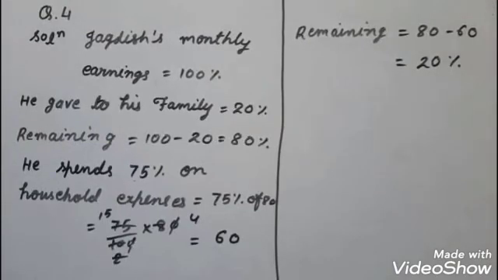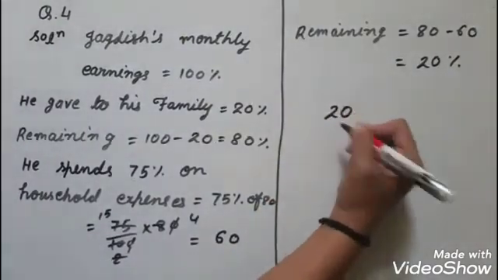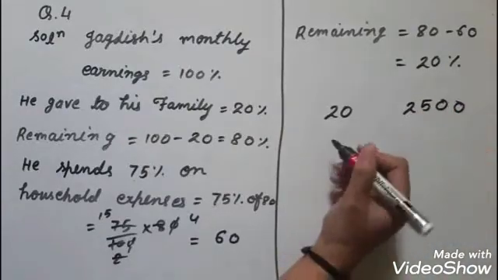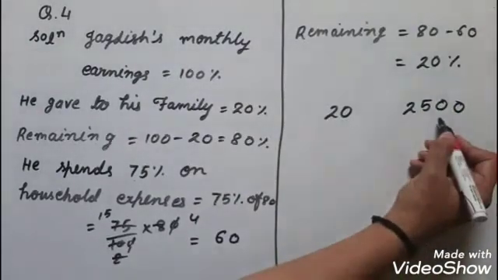And according to the question, the leftover amount is rupees 2500. In percentage it is 20 and in amount it is 2500. So the value of this 20% is 2500.